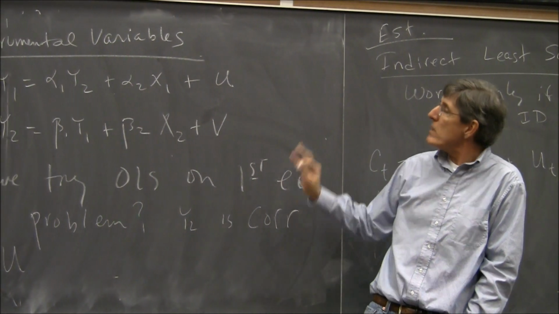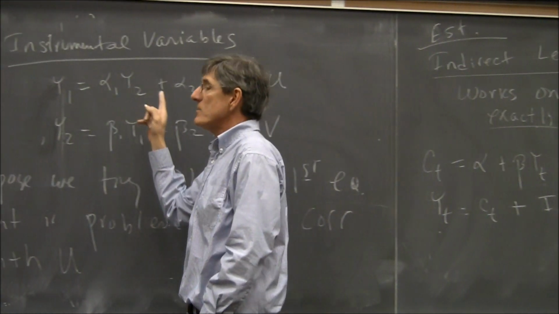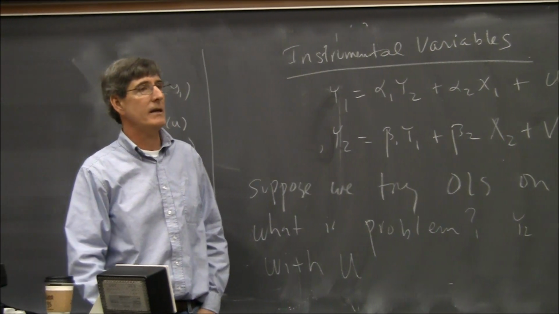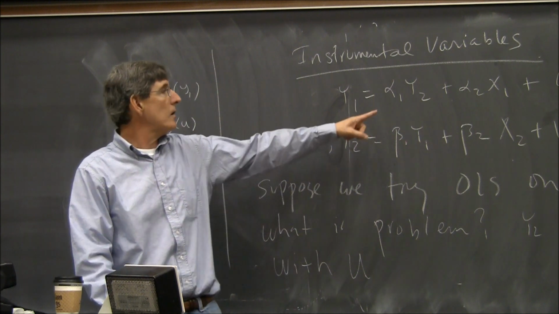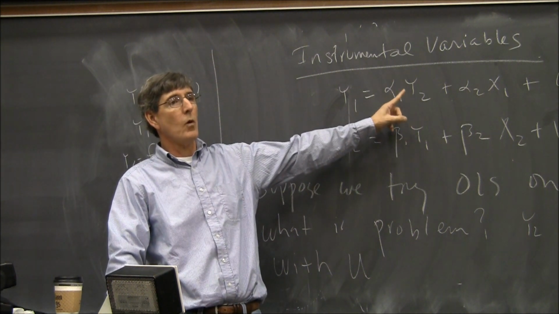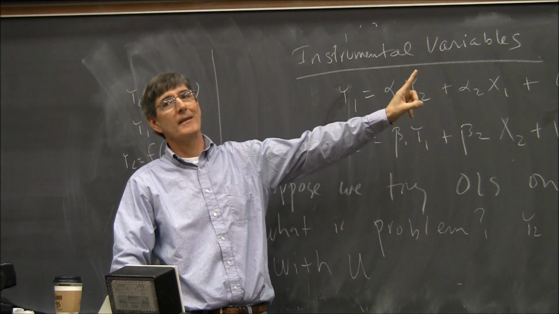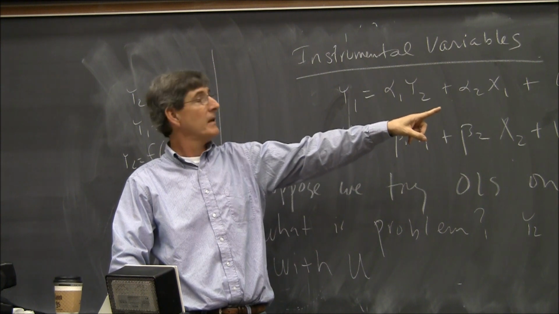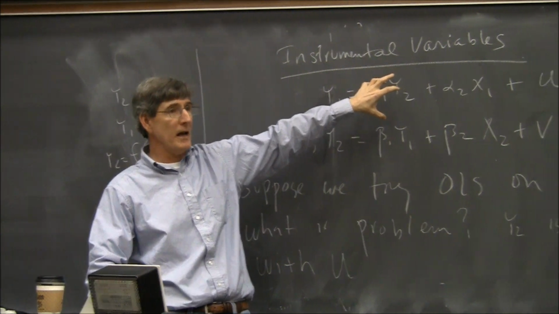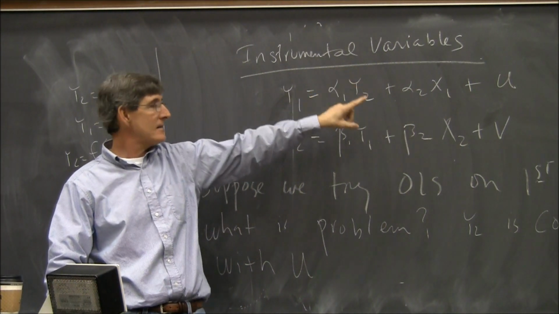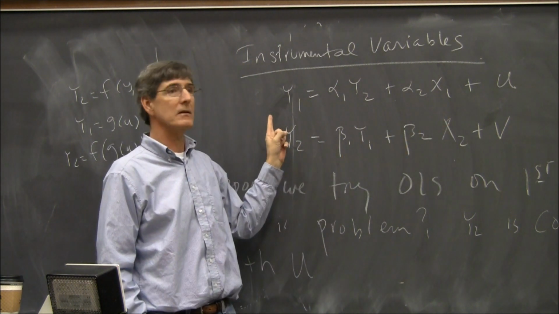So OLS won't work, but we know how to solve this problem. We can use instrumental variables. So what do we need? We need a variable that is correlated with y2, but uncorrelated with the error term. And there's a variable staring at us in the face that's not part of this equation that's correlated with y2. It's x2. When x2 goes up, what happens to y2?